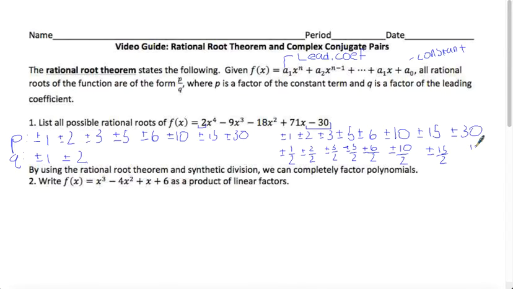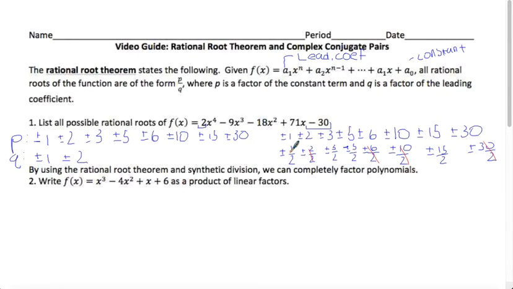And plus or minus 30 over 2 will divide to 15. So I'm going to cross out all of my repeated ones. So 30 over 2 is a repeat, 10 over 2 is a repeat, 6 over 2 is a repeat, and 2 over 2 is a repeat. So this is an exhaustive list. So these are all of the numbers that could possibly be a rational root of this function.